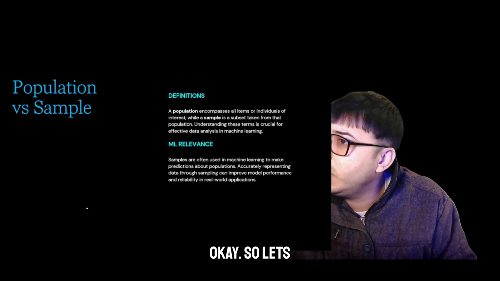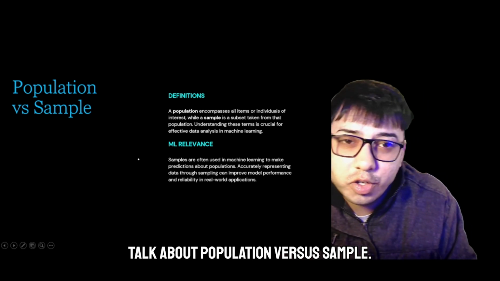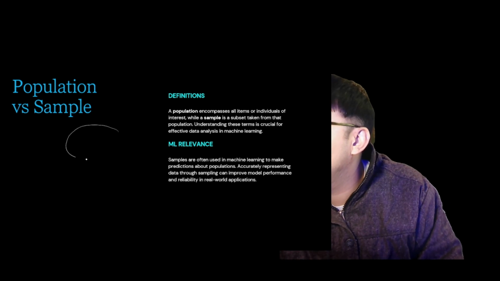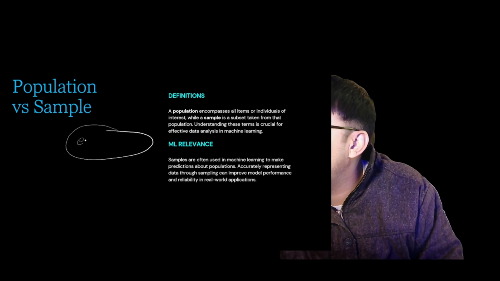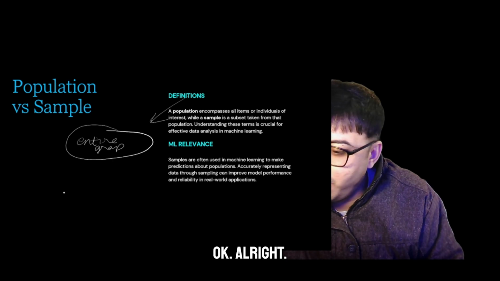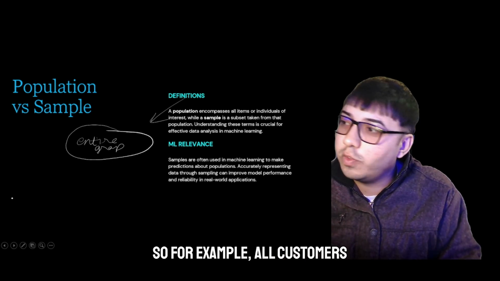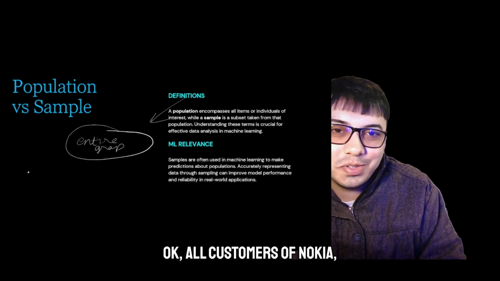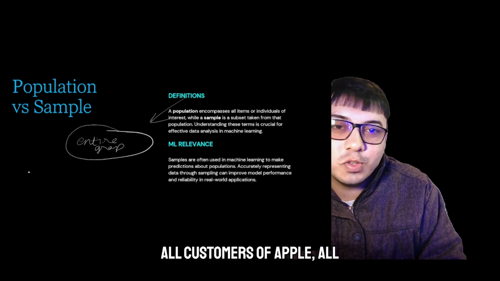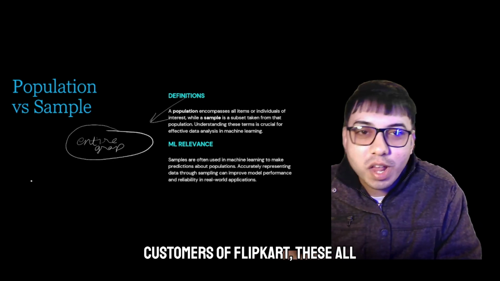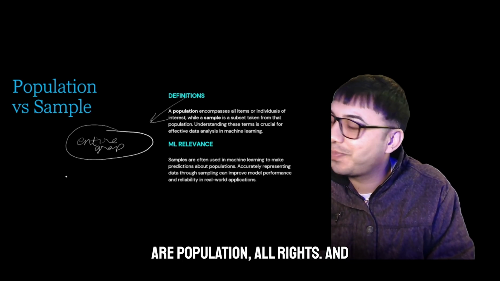Okay. So let's learn about population versus sample. A population means the entire group. For example, all customers of Amazon, that is a population. All customers of Nokia, all customers of Apple, all customers of Flipkart. These are all populations.